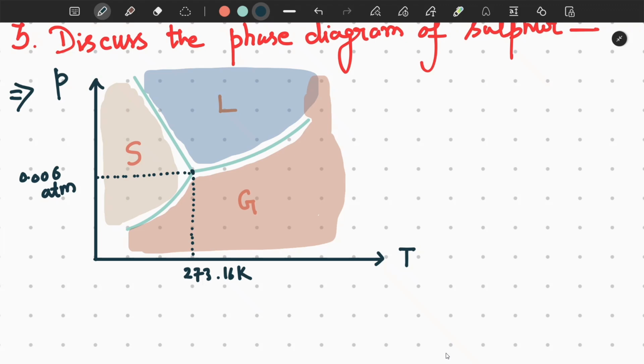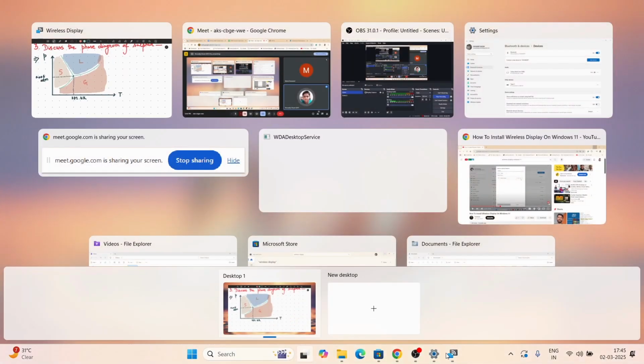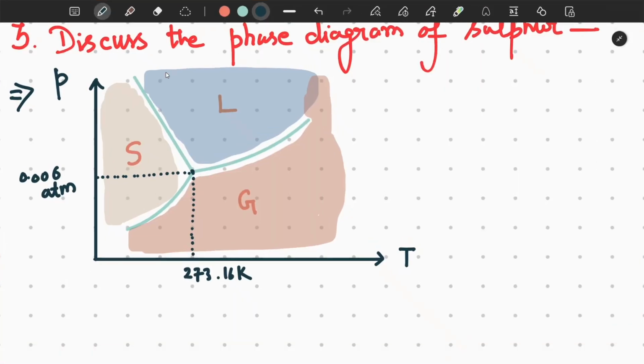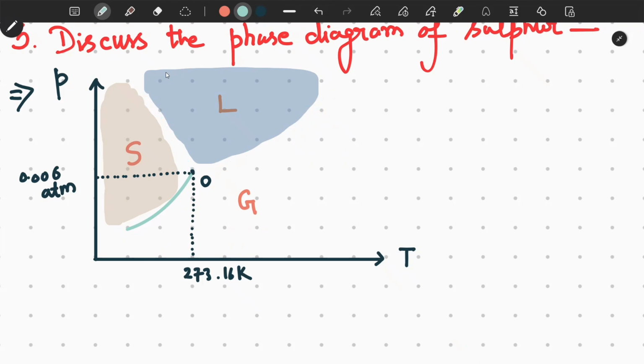Okay. So now, is this diagram clear? Let me name these points. This is O, this is A. Actually, it's like this, let me draw it correctly.